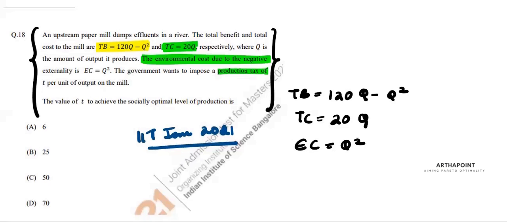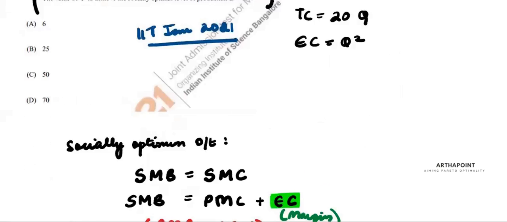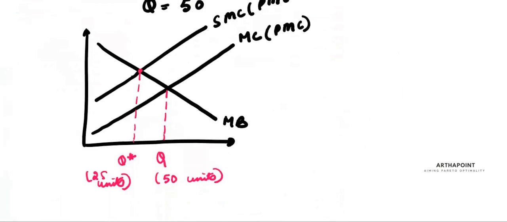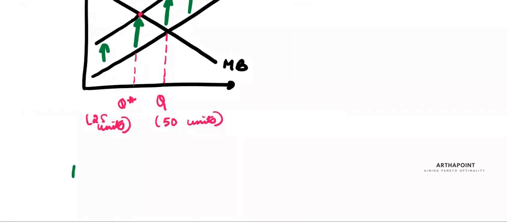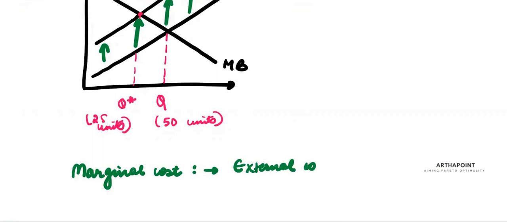The government wants to impose a tax per unit. Now the question is, what should be the tax? The tax should be simply the amount by which you want them to increase their cost, the amount by which you want the marginal cost curve to shift, exactly by the amount of the external cost at the margin.